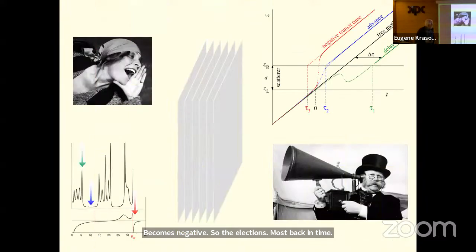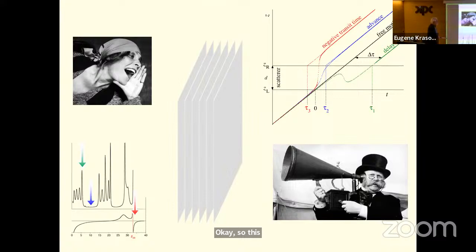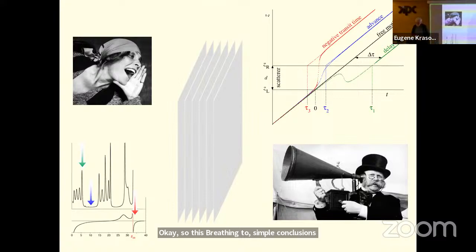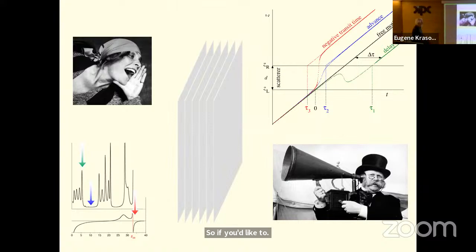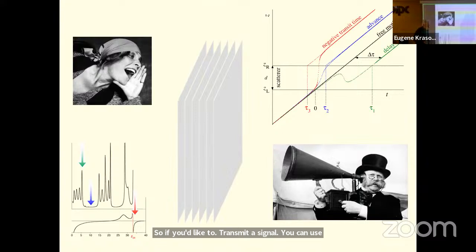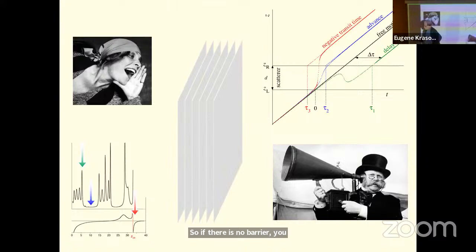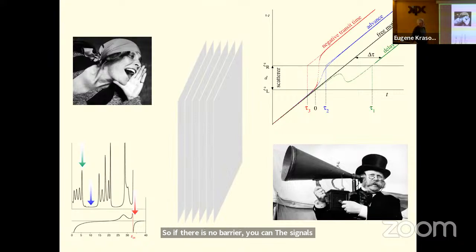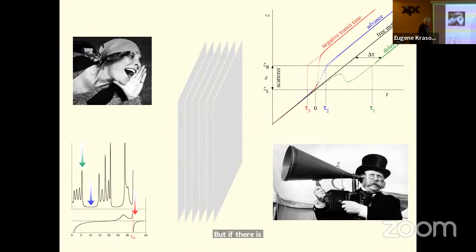Okay, so this brings me to simple conclusions. If you'd like to transmit a signal, you can use a barrier, which sometimes helps. If there is no barrier, you can ensure that the signal arrives in the due time, following the free motion. But if there is a mirror that has a structure, then there may be several scenarios.